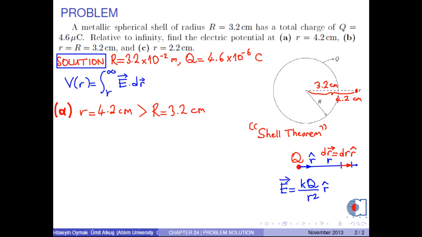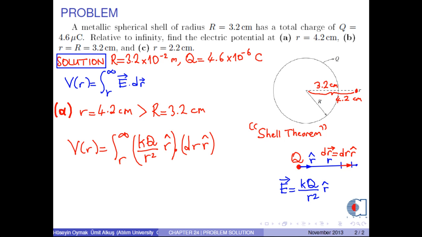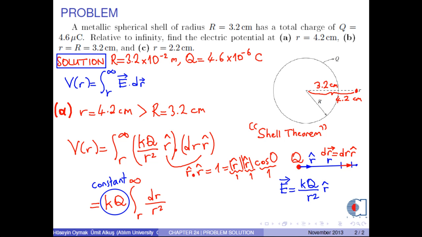If we put these expressions into the formula for Vr, we obtain Vr equals the integral from r to infinity of K times Q over r squared r hat dot dr times r hat. R hat dot r hat gives 1, since r hat is the unit vector and r hat is parallel to r hat. So we obtain kq times the integral from r to infinity of dr over r squared, since k and q are constants.